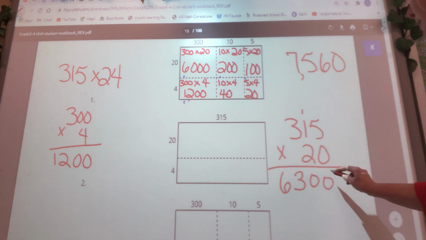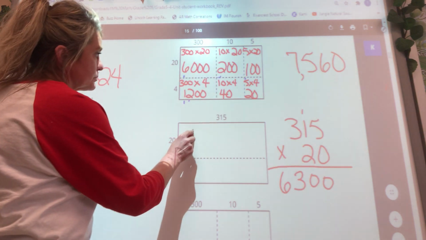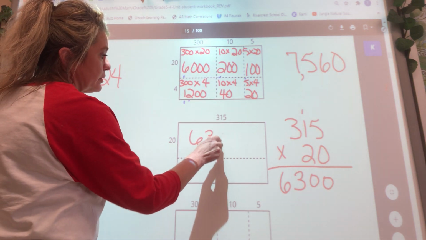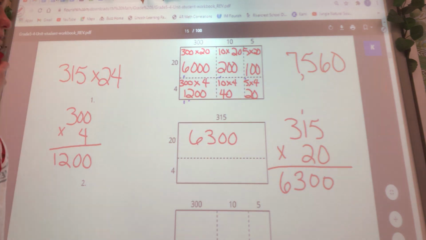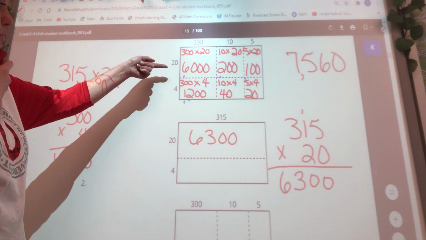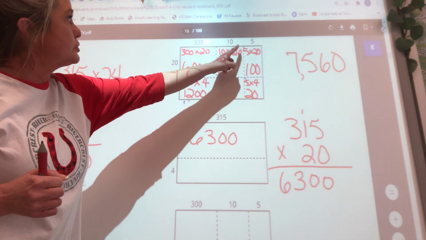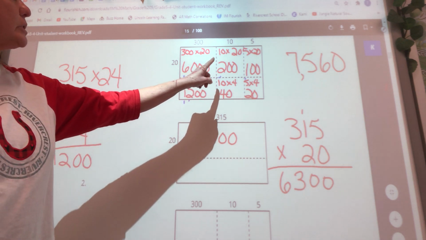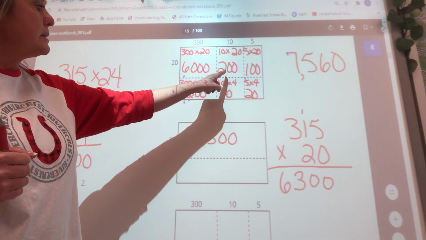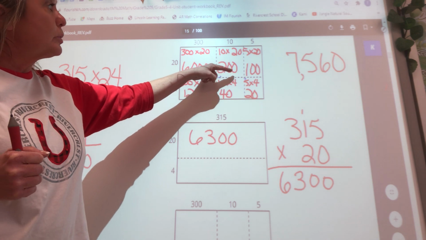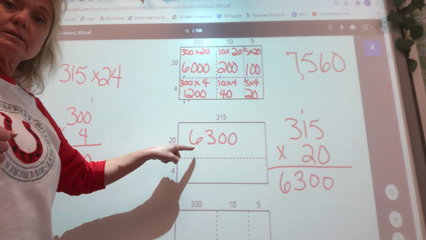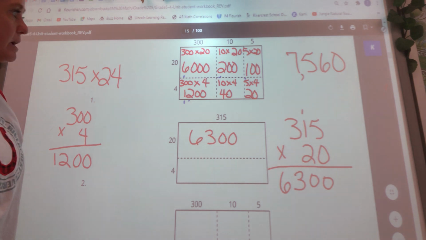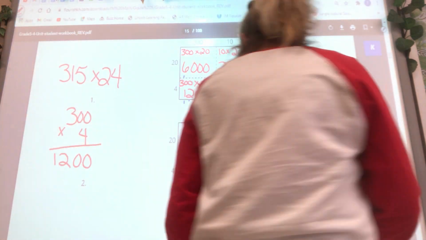This 1. So this top part is 6,300. Now look at the top part on this, because it's still the same numbers. 315 times 20, 6,000 plus 200 would be 6,200, plus 1 more 100 would be 6,300. So that checks out, doesn't it? Okay.